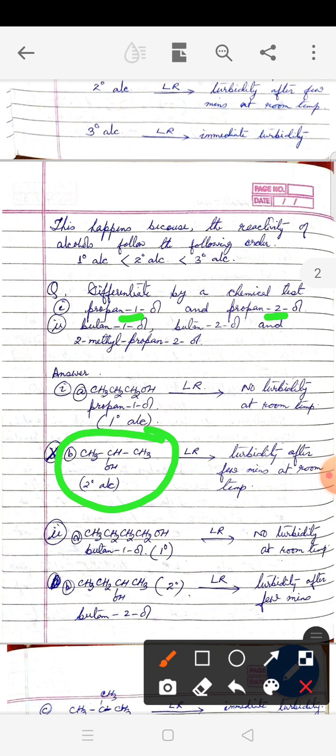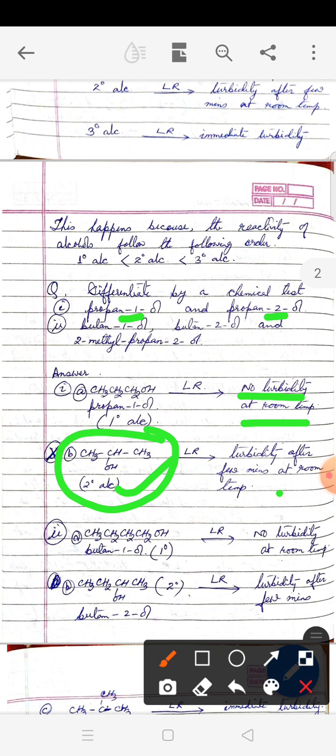Here is the structure. So we can make use of this Lucas reagent. We add Lucas reagent to both. In secondary, turbidity will appear after a few minutes. In primary, there will be no turbidity even if you keep it for the whole day, provided you don't heat it. So that's how we can differentiate between the pair.